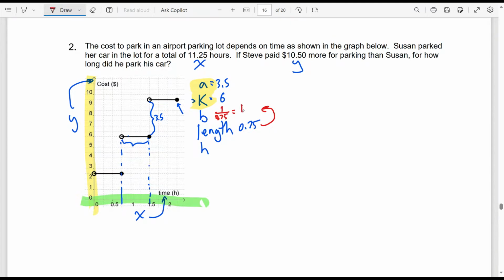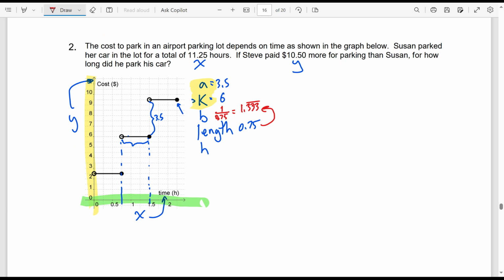It might look ugly if we write it out like that, because 1 divided by 0.75 is going to give me 1.333 repeating. Make sure you include that as accurately as possible on your calculator. You can write it as 4/3 as a fraction if you know your fractions right offhand.